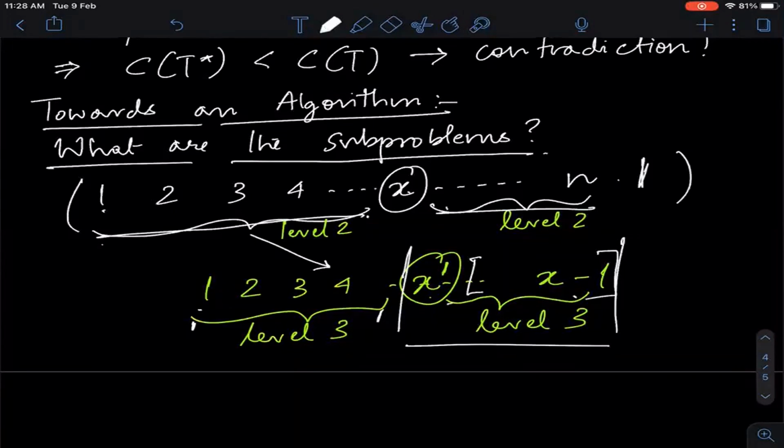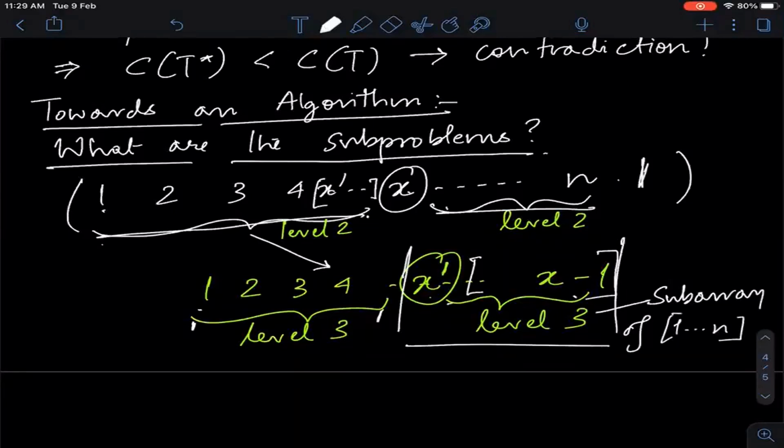This is neither a prefix of this array nor a suffix of this array. This is a subarray of this array, x prime to x minus 1, because x prime will be some number which is possibly here, and x minus 1 is here. So in the context of the original problem, this is nothing but a subarray of 1 to n.